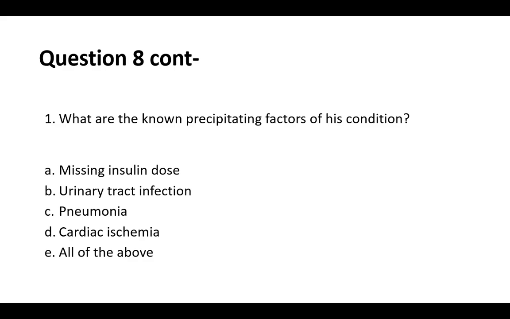So he could have missed an insulin dose, could be UTI, could be pneumonia, could be cardiac ischemia. So when they call you to go to the ER to see a patient, you always come with your bag. Don't go empty, saying oh, I have a DKA patient, and run. Always open your book and try to see what the precipitating factors could be.